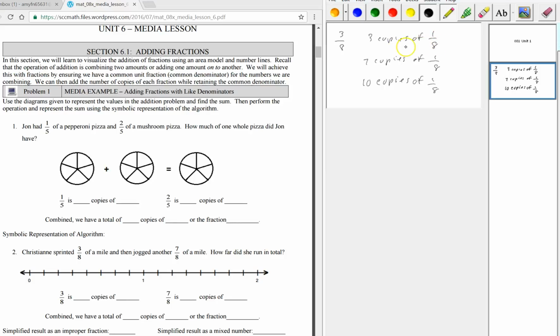Okay, so again, something students typically do is add the denominators. That's an error they sometimes make, and it seems to make sense because you add the tops, you add the bottoms, so maybe that makes sense. But using this type of language helps them see that the denominator remains fixed. Okay, so area model.